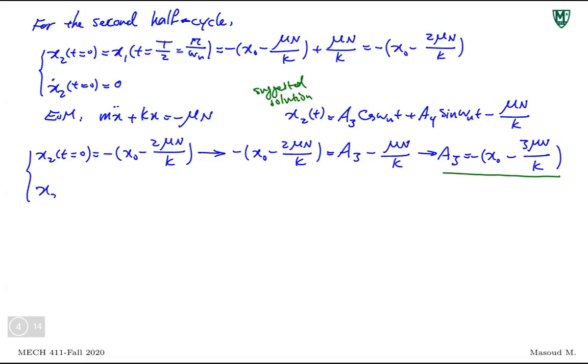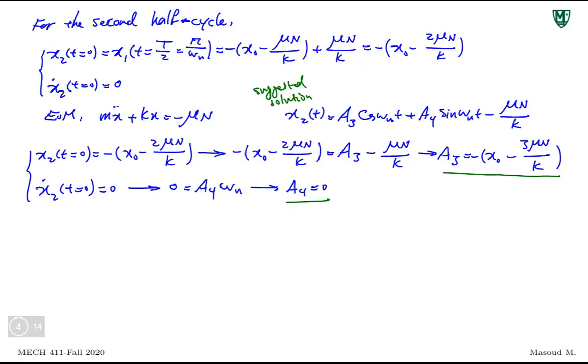Now x2 dot at t equals 0 is equal to 0. Take the derivative, the same process as before. This becomes 0 is equal to A4 omega n, and that'll give you A4 is equal to 0. There.